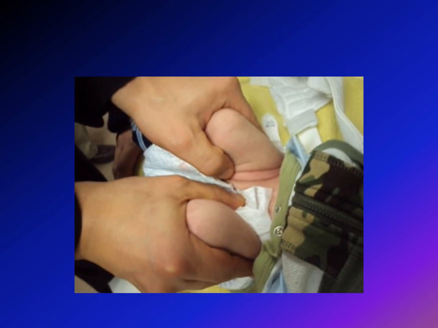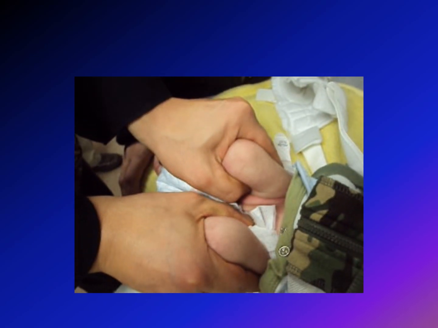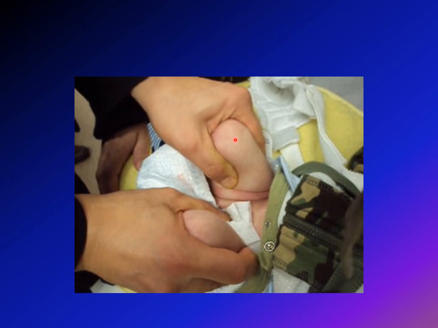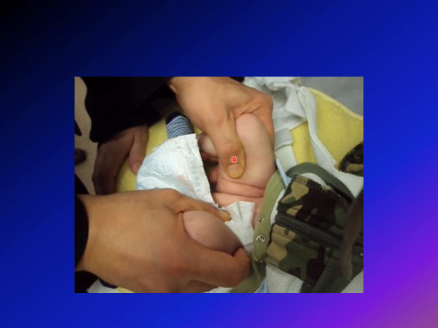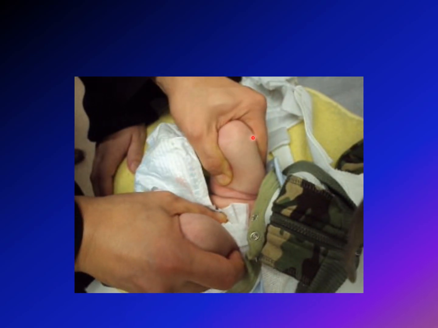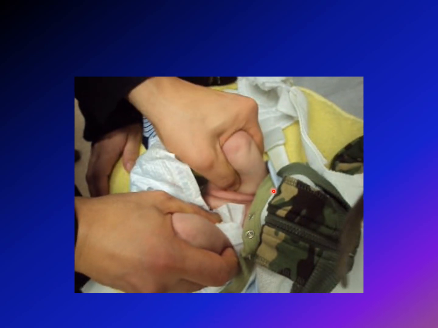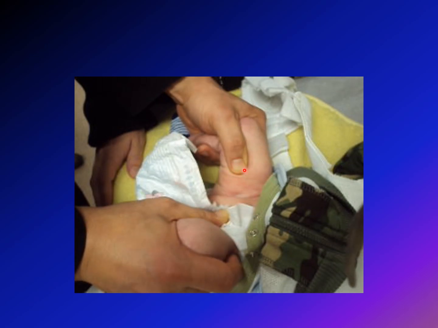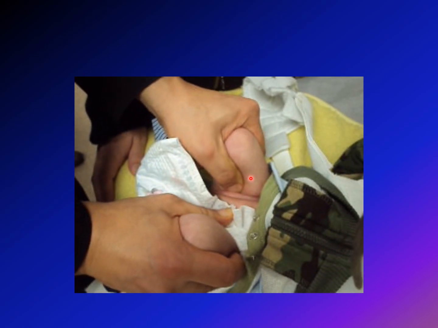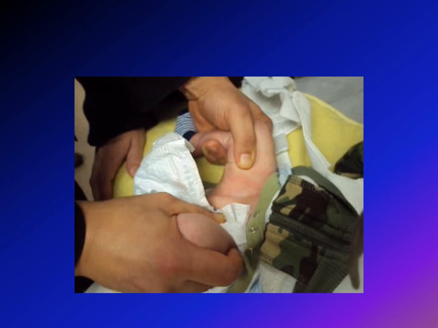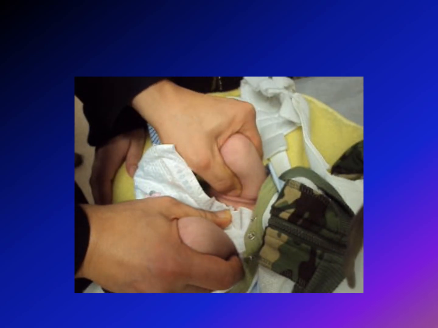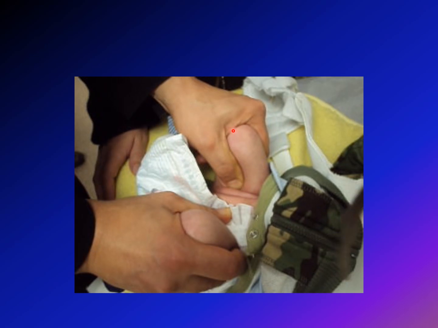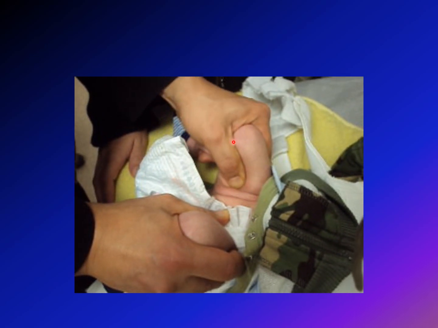Now this is another test, same thing. This is a normal kid, not neuromuscular. See the same thing here: knee is in the palm, the thumb is on the medial side, other fingers are on the outer side. If we go back early here, we started first in the adducted position with the Barlow, and then you abduct and do the Ortolani test.